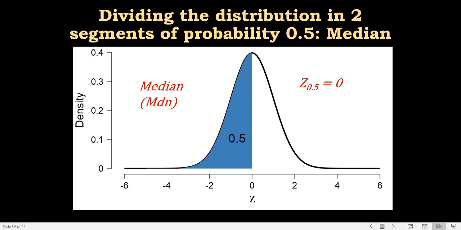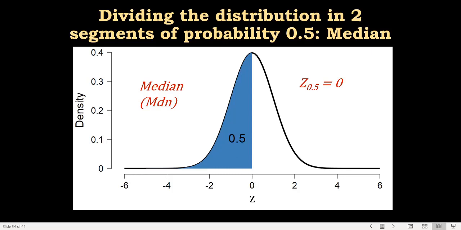So let's examine that. In this case, we divide the distribution into two parts, and these two parts have equal probability. So we need to divide in two parts that have a probability of 0.5, because the two parts together should add to 1. So we've got the solution.